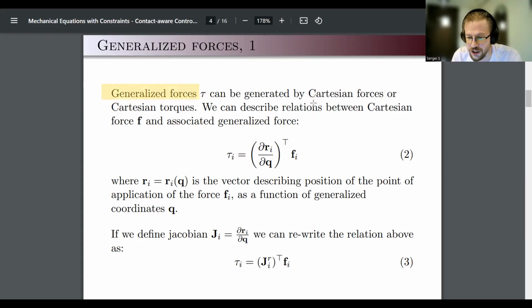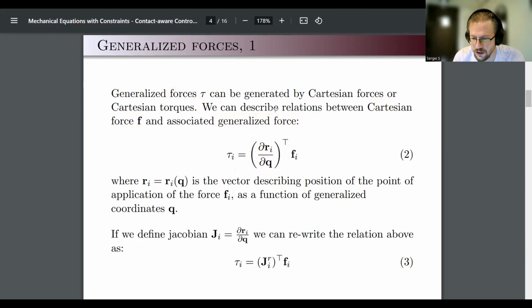For example, a relation between a Cartesian force F and the associated generalized force can be described like this. You have the generalized force tau i, which would be equal to this Jacobian times the Cartesian force Fi.